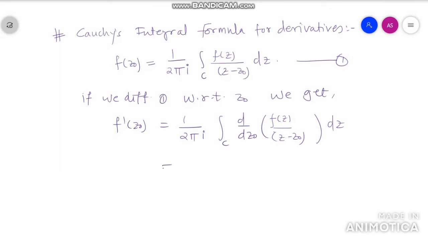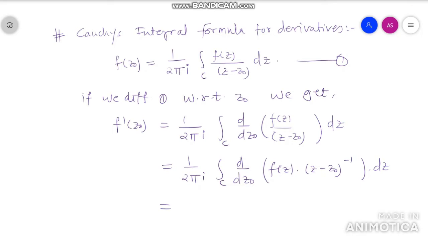So there is no change in f of z and dz. Let me write in the next step 1 upon 2 pi i integral over C d by dz0 of f of z into z minus z0 bracket raised to minus 1 into dz.